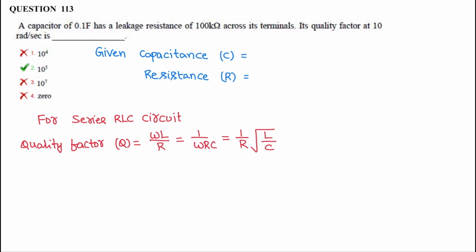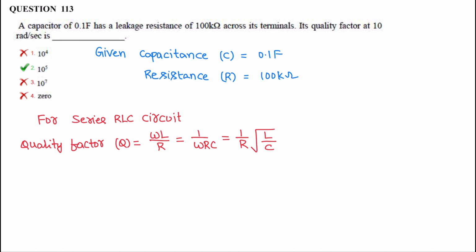Question number 113. A capacitor of 0.1 farad has a leakage resistance of 100 kilo ohm across its terminals. So given capacitance is 0.1 farad, resistance is 100 kilo ohms. The quality factor at 10 radian per second is.